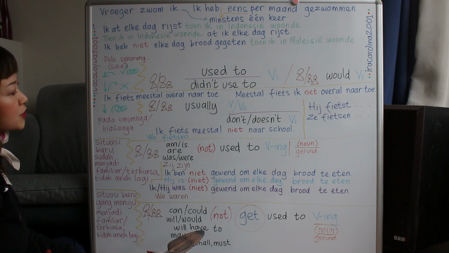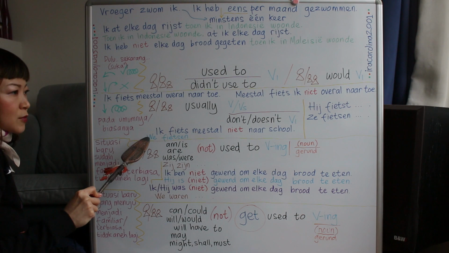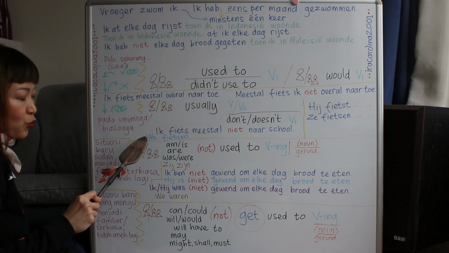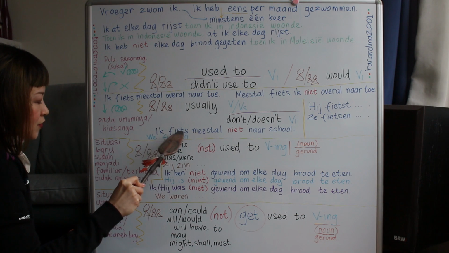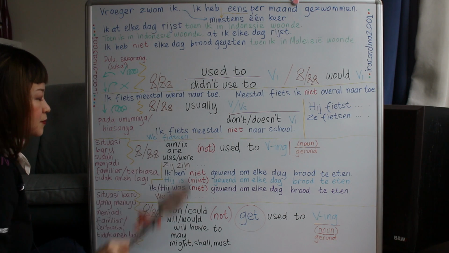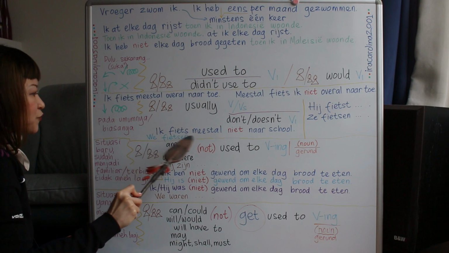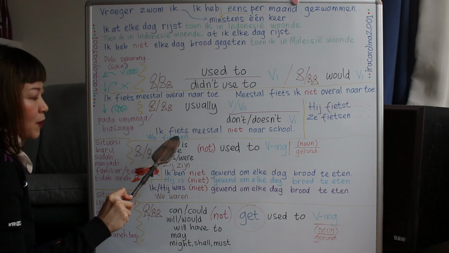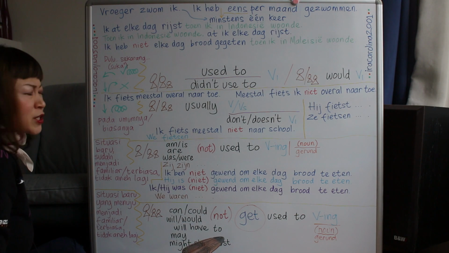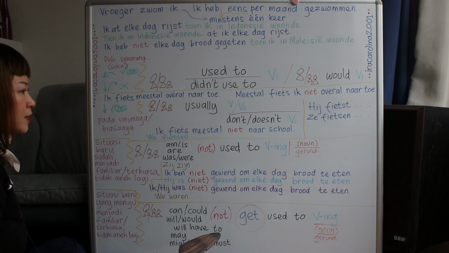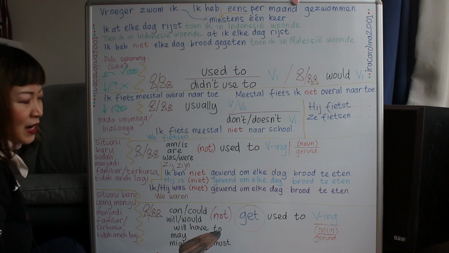Or if you want to change into we, you just have to change the verb fietsen. We fietsen meestal niet naar school: we usually bike, but we don't bike to school.